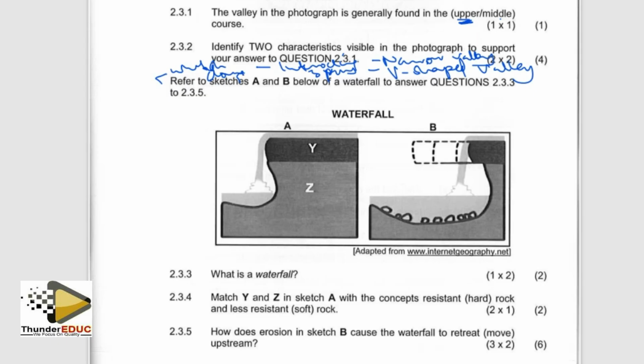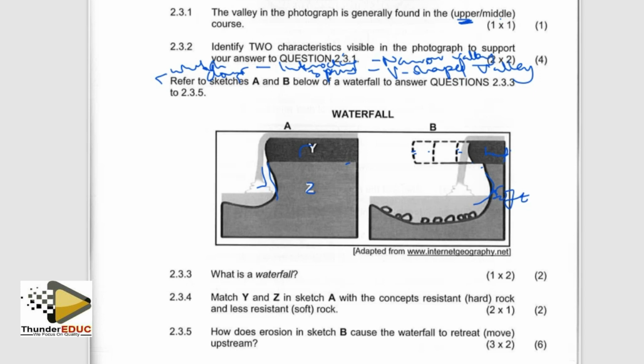Okay, refer to sketches B and A, which is indicating the waterfall. So here is a waterfall there. When you look at this, it shows how erosion will take place, but it cannot take place at the same pace. This one was at the same level here, but when you check here, this one is further eaten compared to what is here, which simply means here is softer rock and here is hard rock. So let's answer the question.